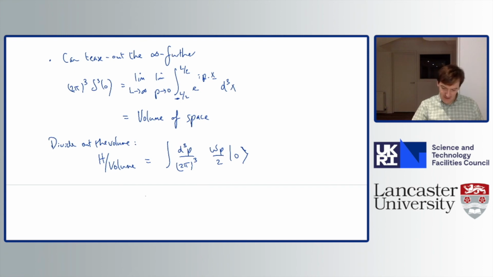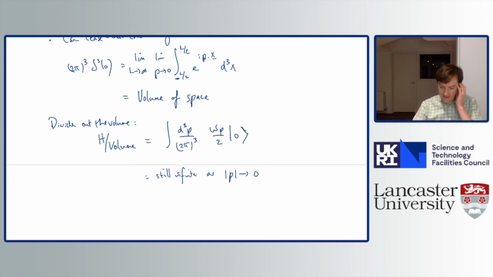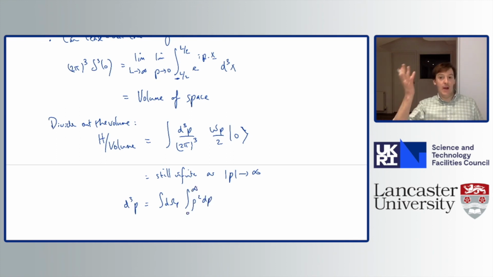So this is still going to be infinite, because our p ranges from 0 to infinity. In other words, our d^3p is going to be some angle, but then there's a p^2 dp bit. This still ranges from 0 up to infinity, and it has the ω_p factor, which has p^2 + m^2 in it.